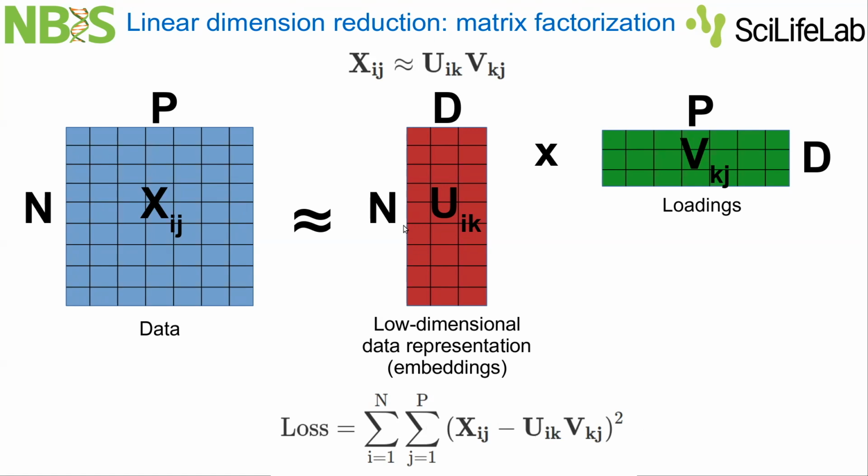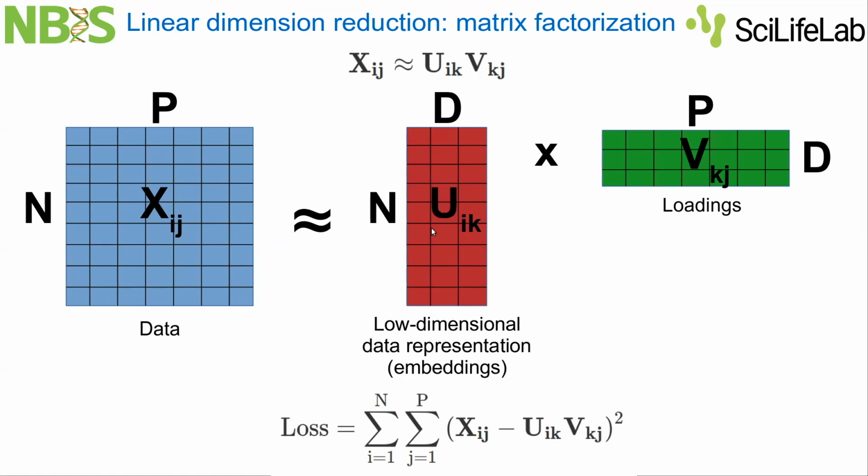Graphically, visually, it looks like this. You approximate your matrix X with dimensions n by p by a product of U and V matrices. The matrix U has dimensions n by d, and the second matrix, the V matrix, has dimensions d by p.